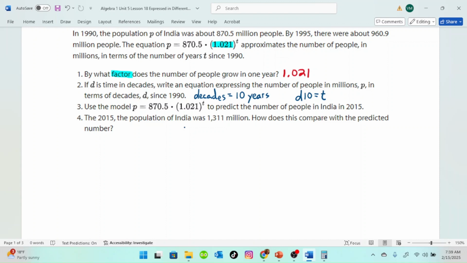So now what I can do for number 2 is I'm going to use this equation from the word problem. P equals 870.5 times the growth factor of 1.021 to the power of d times 10.